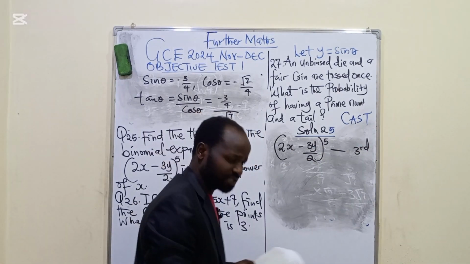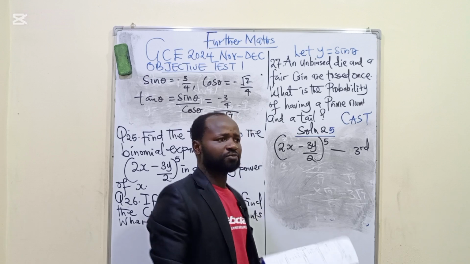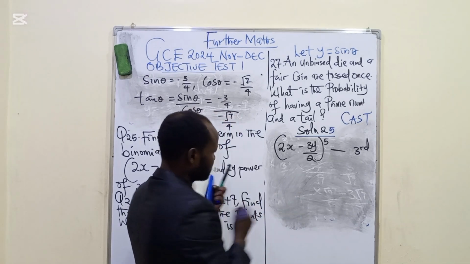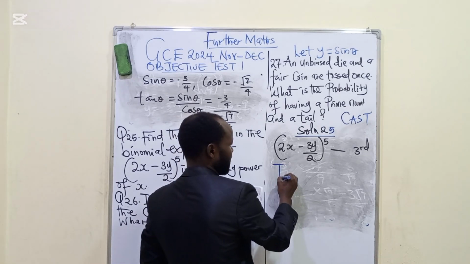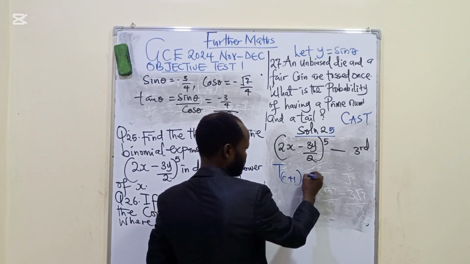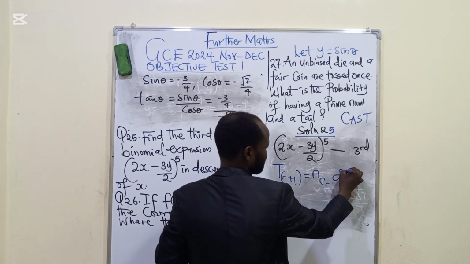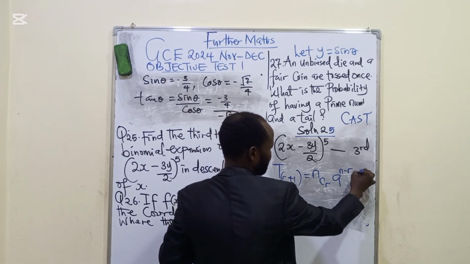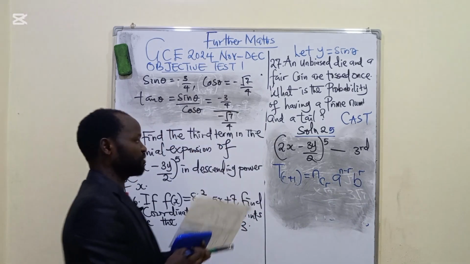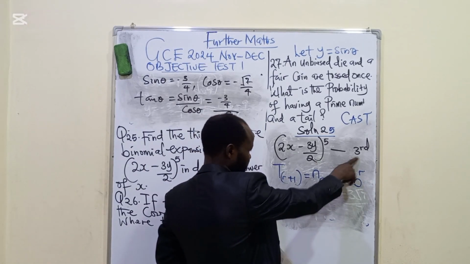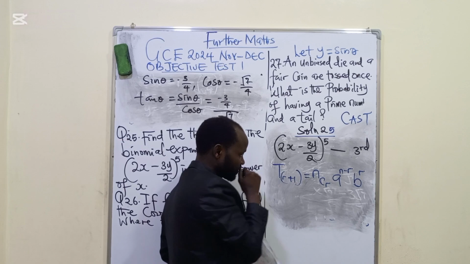Okay? I recall that the general term in a binomial expansion is given as the term r plus 1 will be equals to n combination r, a power n minus r, then b power r. Very important. Okay, so here we're looking for the third term. What can we add to 1 to give us 3?